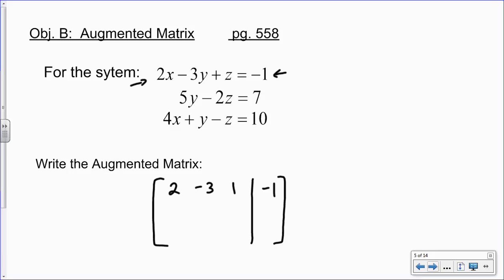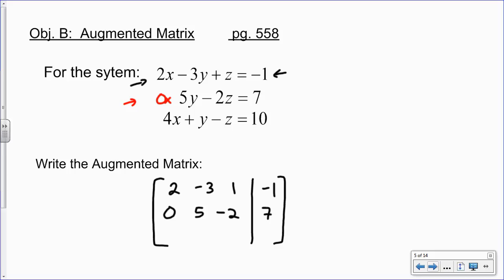Okay, so then if you look at your second equation, you don't have an x. So the coefficient there is 0. Okay, so 0, positive 5, negative 2, and 7.